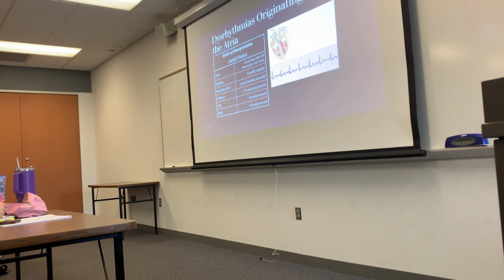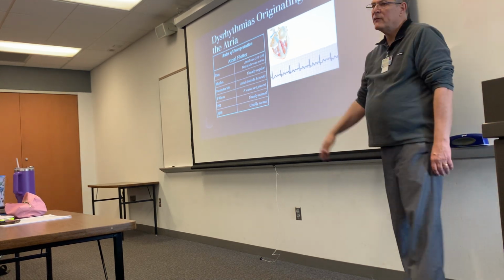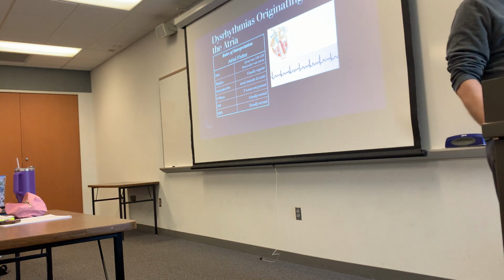So things that may cause this: rheumatic heart disease, meaning they had rheumatic fever as a child, right? And this will show up later in life because the leaflets get damaged on the valves, and we'll get into all that later. Ischemic heart disease, so people who have heart disease where they're not getting good blood flow to the heart muscle can have this.